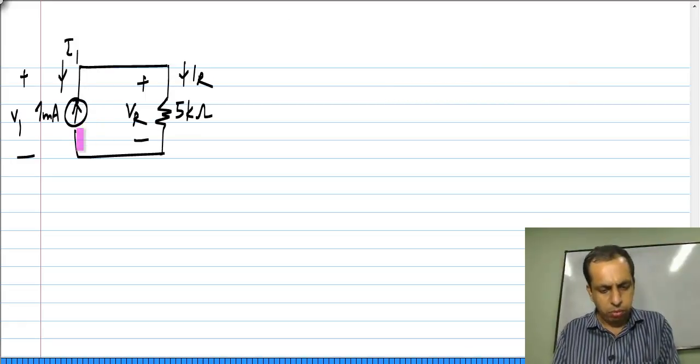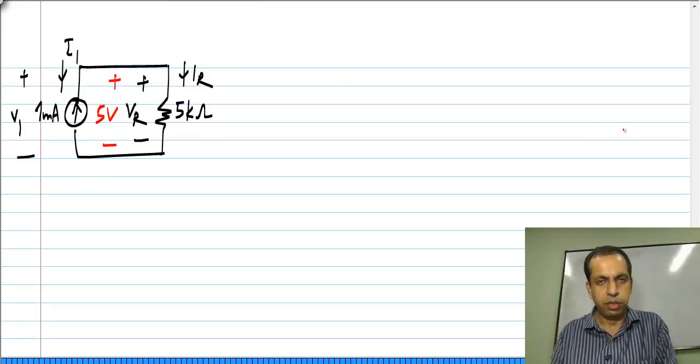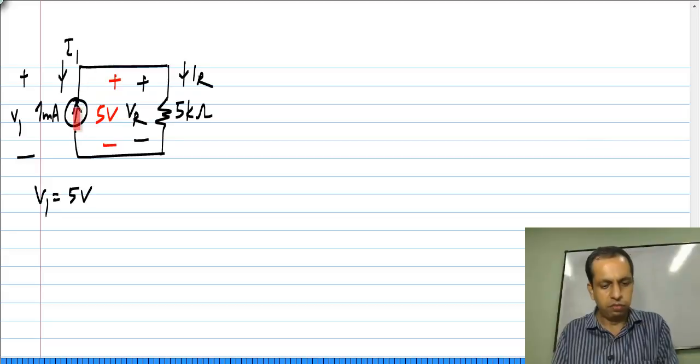So, it is quite obvious that 1 milliamp flows through the 5 kilo ohm resistor. So, a voltage of 5 volts appears between these terminals, and from this we know that V1 is 5 volts and this current I1, which is opposite in direction to the current source direction, I1 is minus 1 milliampere.